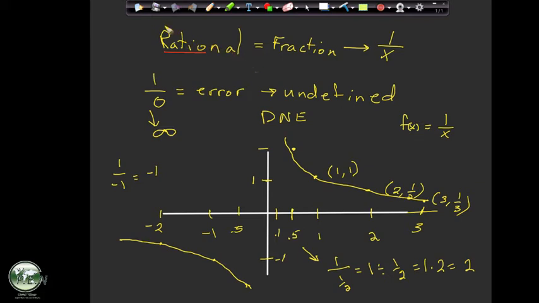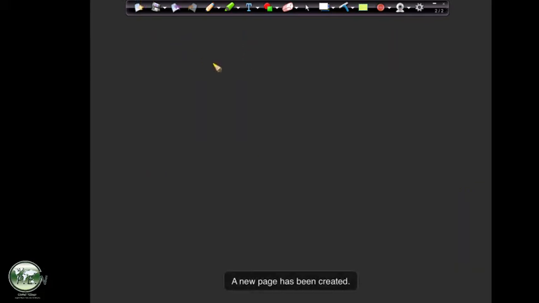Okay. So I'm going to save this, we'll keep this page. We'll clear it off. So where are we going from here? Let's a little bit formally look at what happens when we have the function 1 over x, and x is 0.